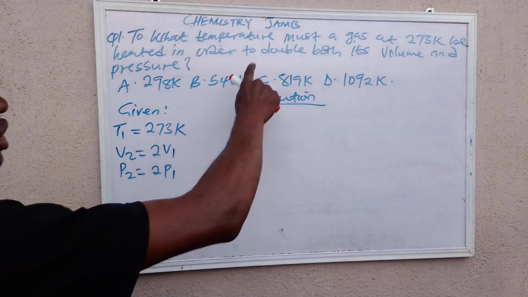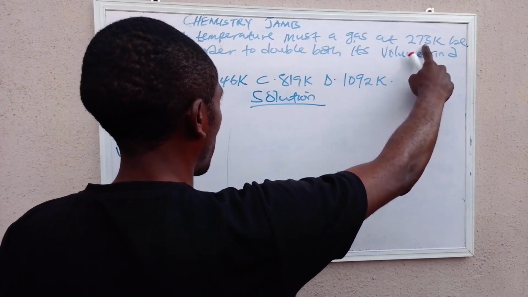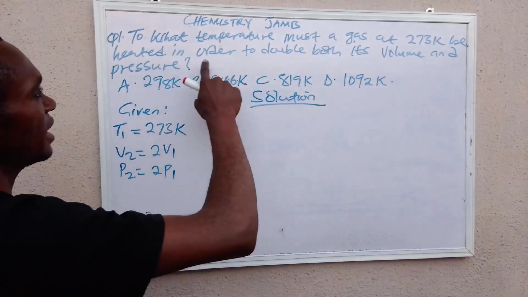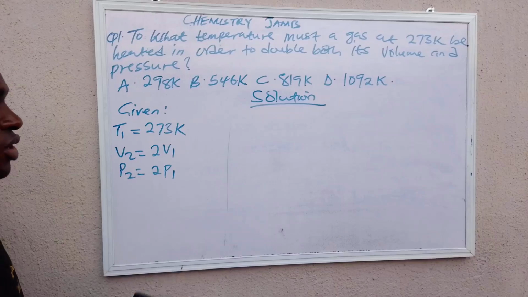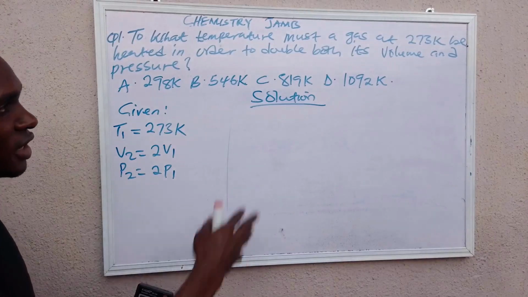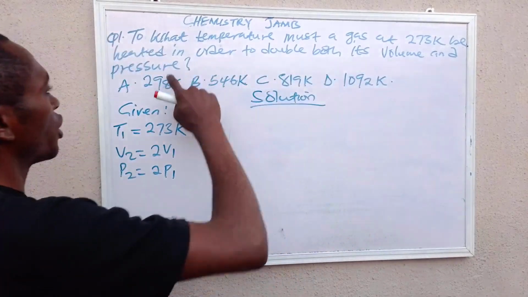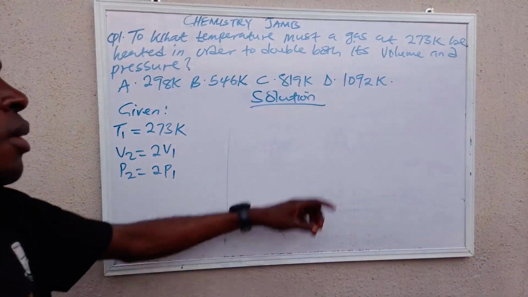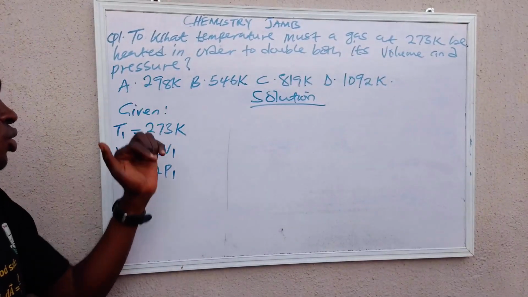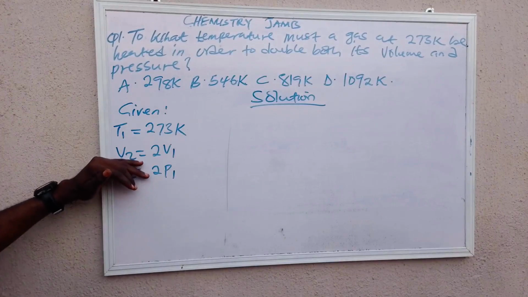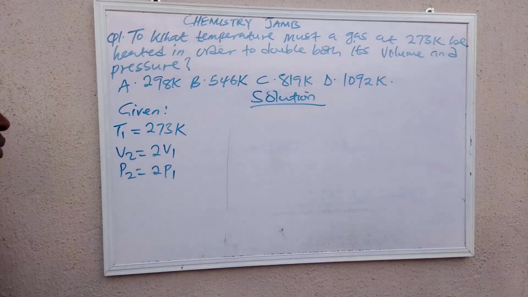To what temperature must a gas at T1, the first temperature, be heated in order to double both its volume and pressure? So V2 and P2 will give you this doubling.